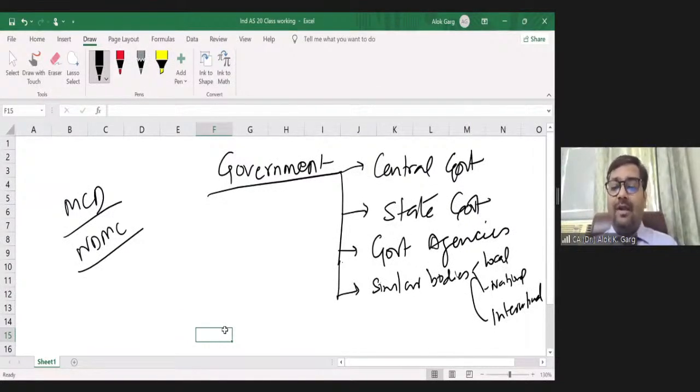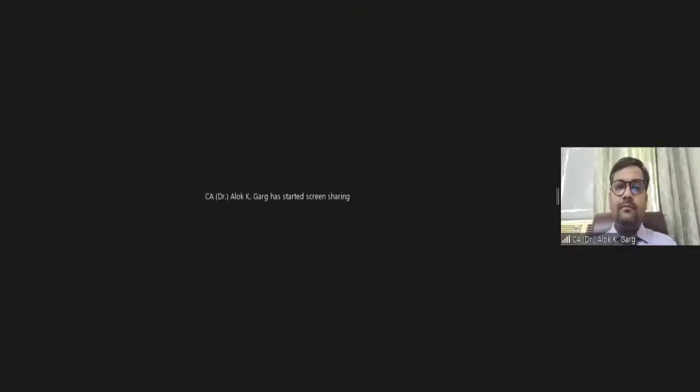International, for example, World Health Organization. Again, it is an international government body. So these are considered as a government. Okay. Clear, guys?